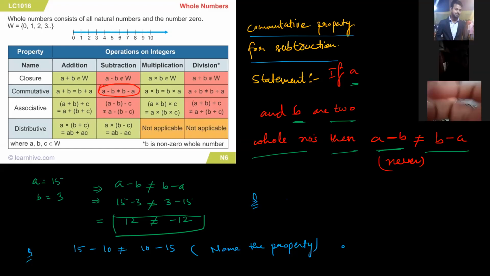Now there is one more question. What is the value of minus 20 plus 19?